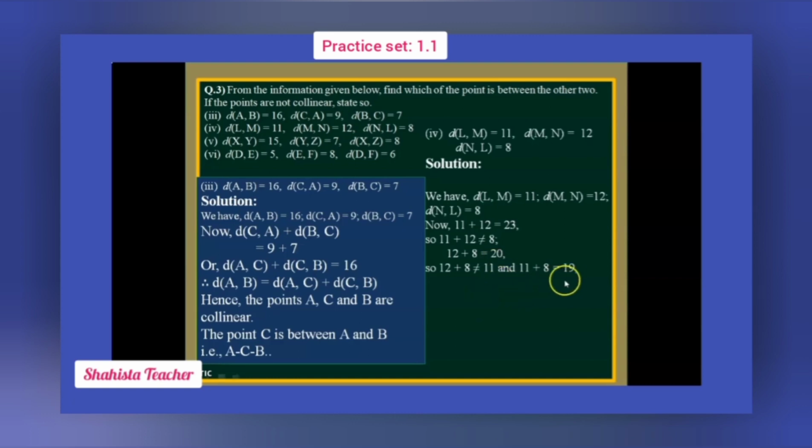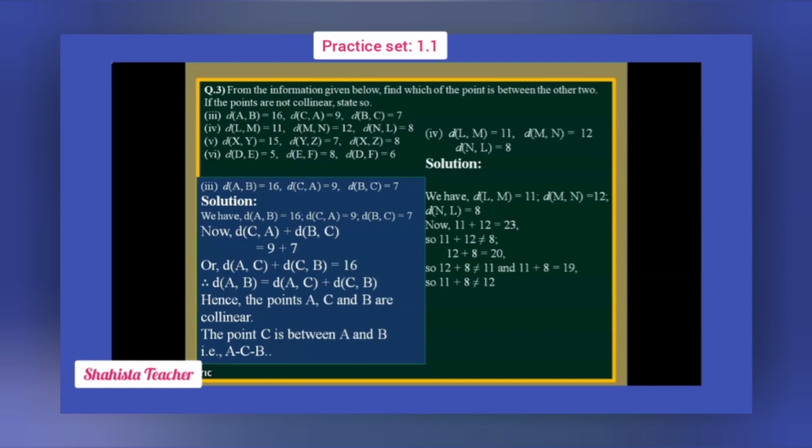Now 11 plus 8 is not equal to 12, because 11 plus 8 gives us 19. So this 19 is not equal to 12. So this is not collinear. This is not a collinear point.